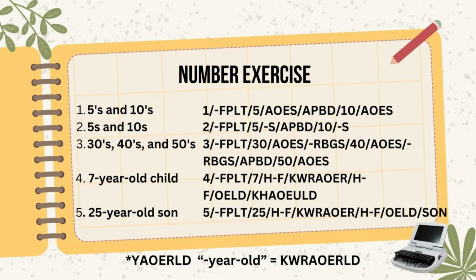So 30 and then long E, final S, then comma, 40, long E, final S, comma, and 50, long E, final S. For the 7-year-old child, it's number four, period, then seven hyphen year hyphen old, and then child.